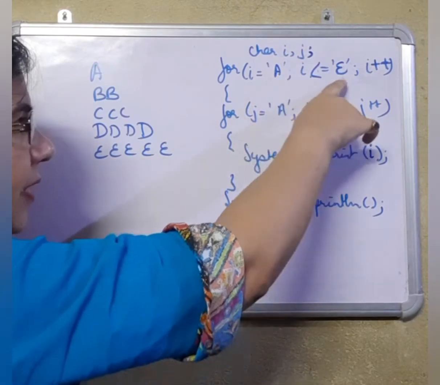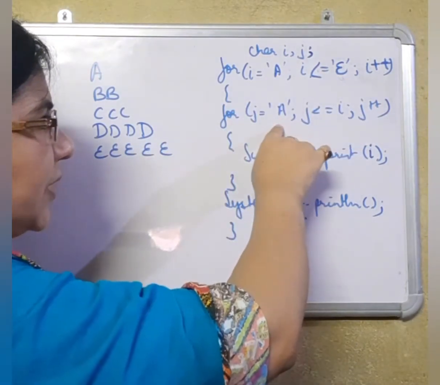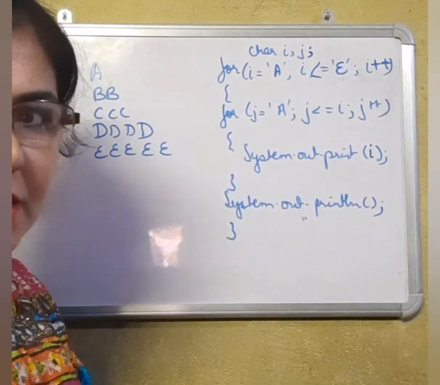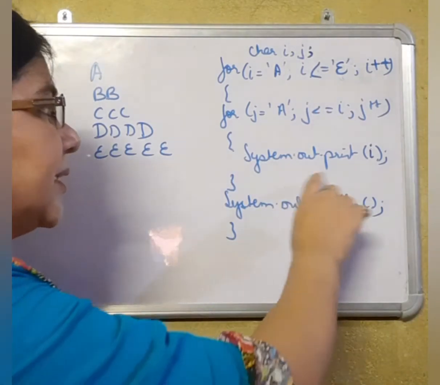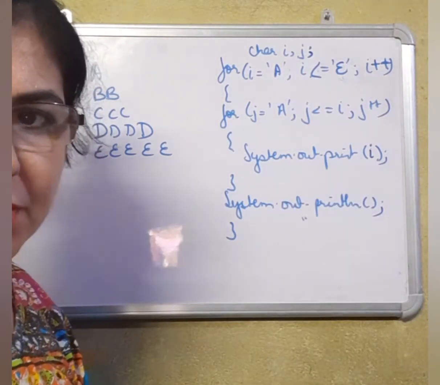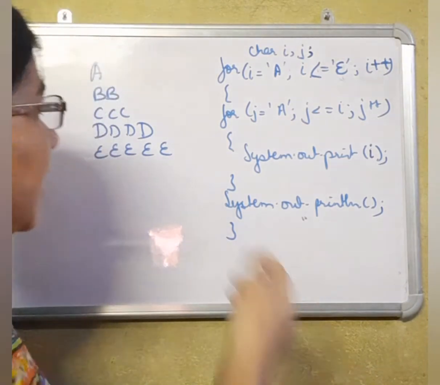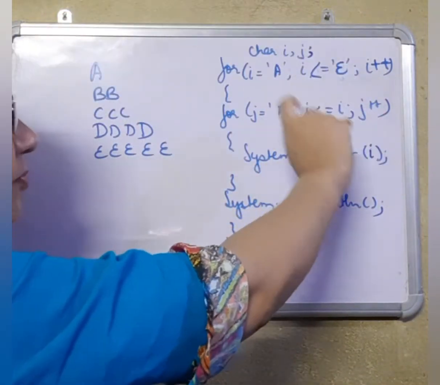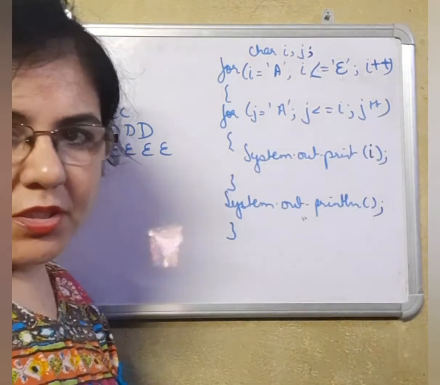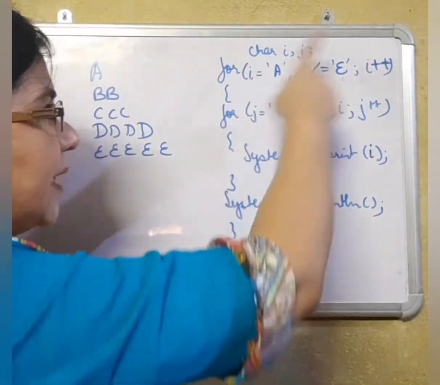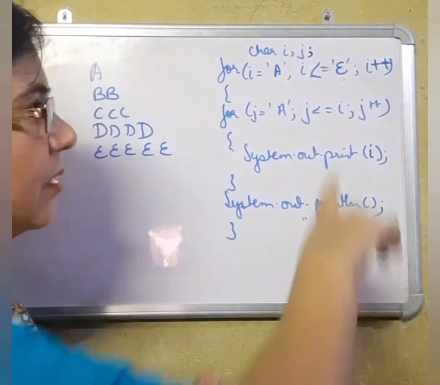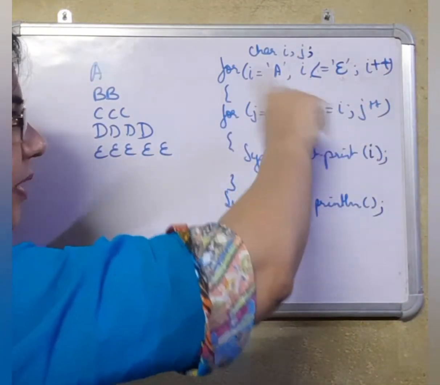I is A less than or equal to A, true. J is A less than or equal to A, correct. System.out.print I will be printing what? What is the present value of I? A will be printed. J becomes B less than or equal to A, false. We'll go to the next line. I will become B, less than or equal to E, correct.